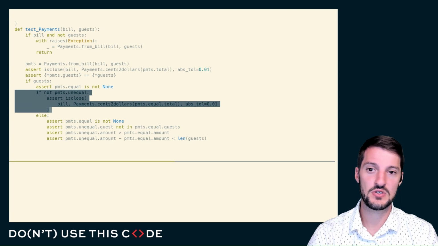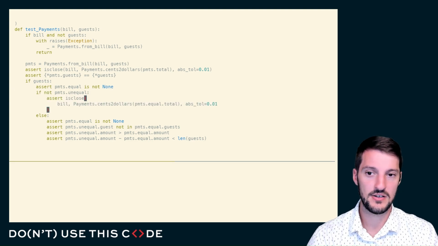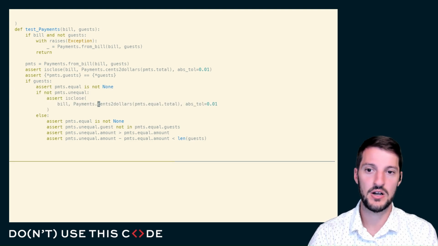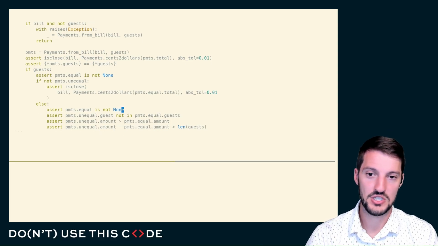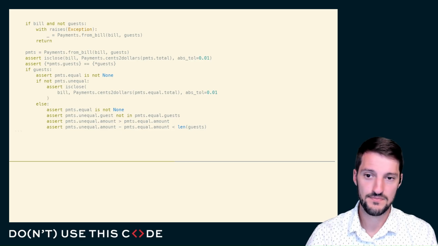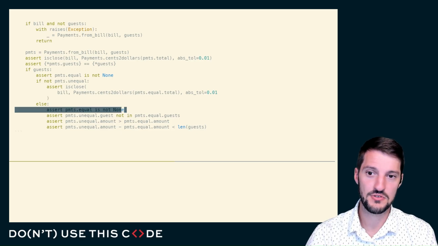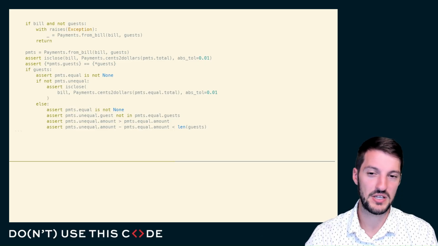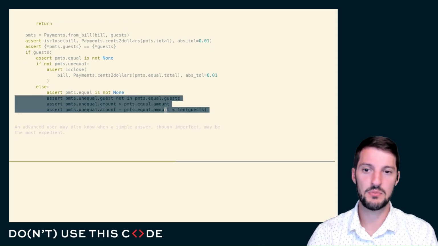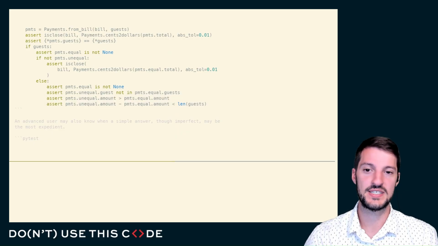We can say if there was no unequal portion, meaning all we had was an equal payment, we can make an assertion about that portion of our equal payment as well. Then we can say if we do have an unequal portion, what we can do here is reintroduce our assertion that the equal payment is not none. We've tested this once, so we might be able to get rid of this and refactor that, but we can perform all of our unequal payment tests here.